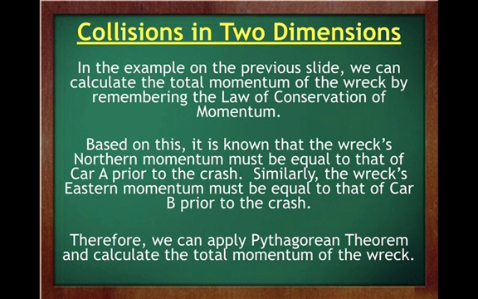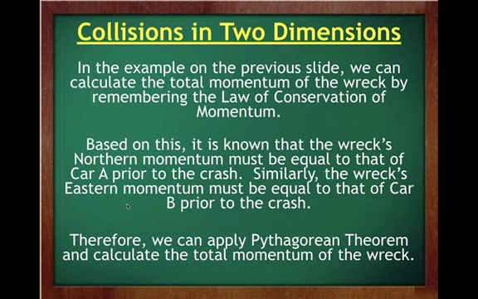But in collisions in two dimensions, the total momentum of the wreck is going to come through using the law of conservation of momentum. It's known that the wreck's northern momentum is equal to that of car A prior to the crash, and similarly, the wreck's eastern momentum must be equal to that of car B prior to the crash. So again, you're thinking of things in those two dimensions.